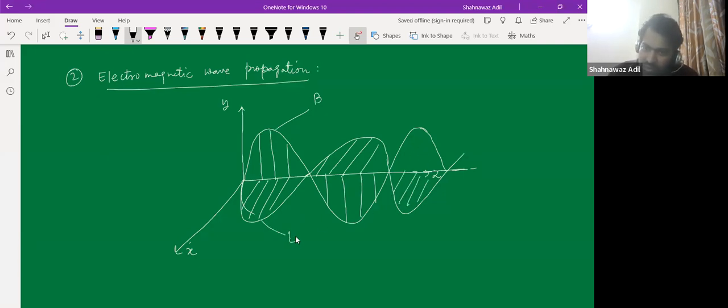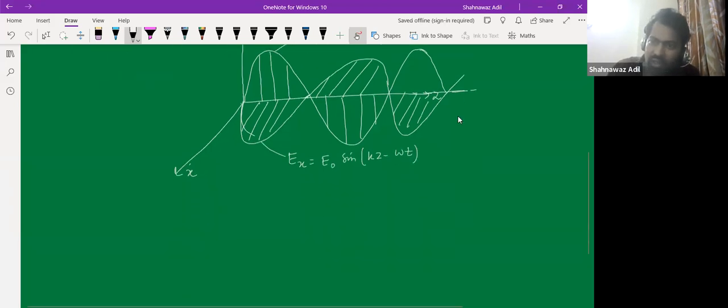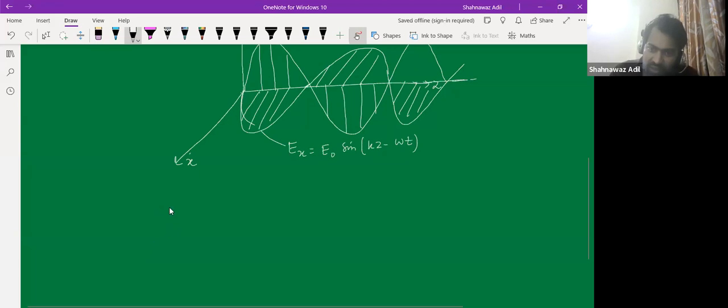The magnetic field is moving in y direction, and it is B naught sine (kz minus omega t), and the electric field is in x direction, and it is E naught sine (kz minus omega t).